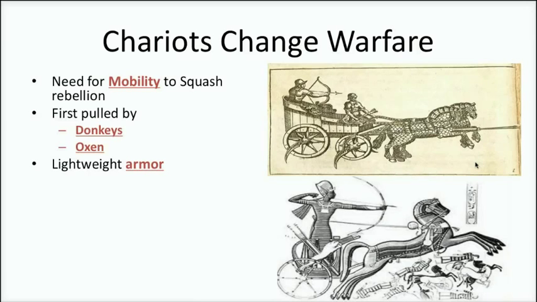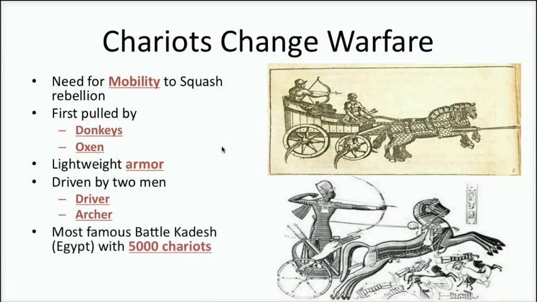A chariot could protect you, so it does provide you with some lightweight armor. Some of the best chariots were driven by two men, as you see in this image above. It'd be very difficult, as in this picture down below, to not only drive the chariot, but to fire your bow and arrow off the top of the chariot. So you needed two people. You needed one person to drive it, and then you had your archer in the back. Those were the most effective chariots.